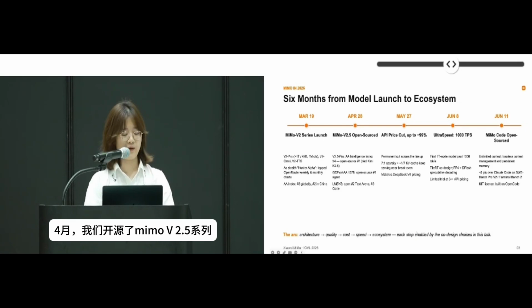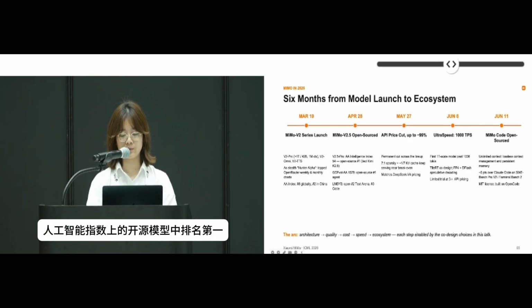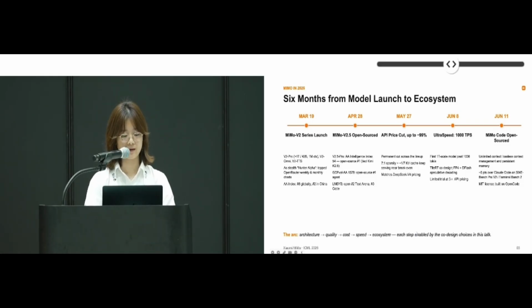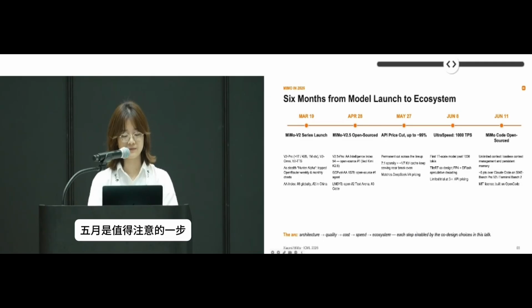In April, we open sourced the MiMo-V2.5 series. Among them, MiMo-V2.5 Pro ranked number 1 among the open source models on the Artificial Analysis Intelligence Index. May is the step to be noticed.